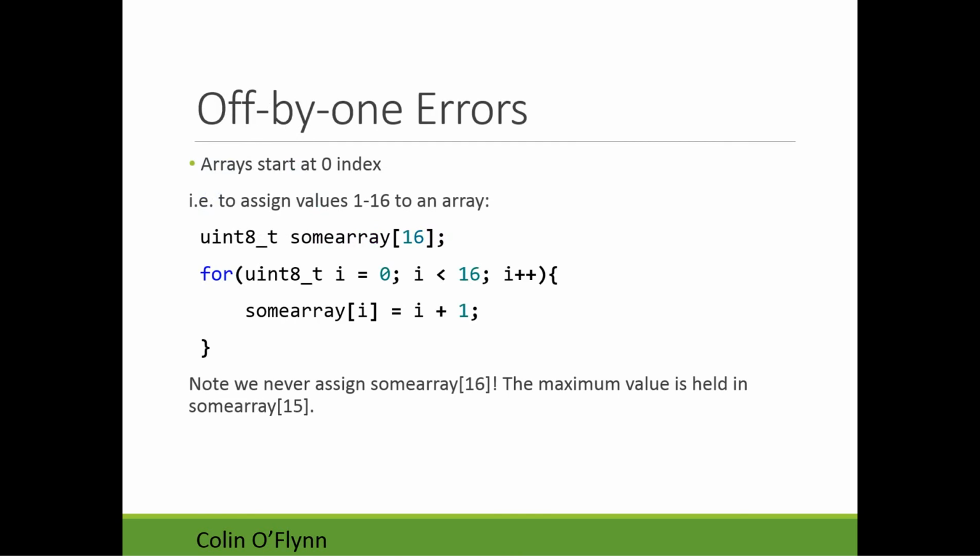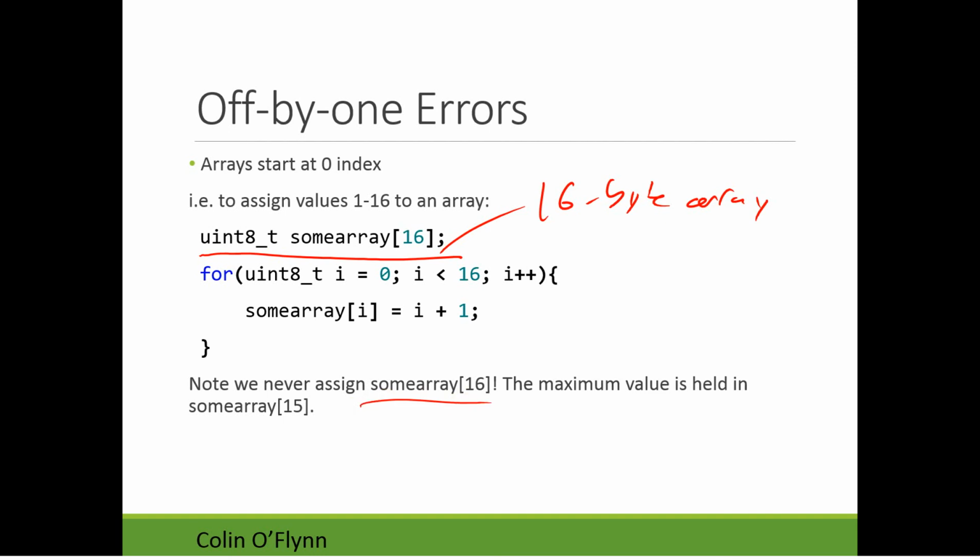Off by 1 errors are always common. As an example, if you have some array, it can be confusing occasionally. When I define the array here, you notice this is a 16-byte array. But the maximum value of it is always just some array 15, not 16. So we never assign some array 16.